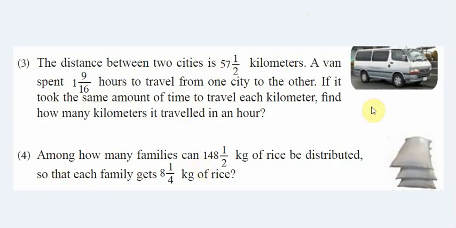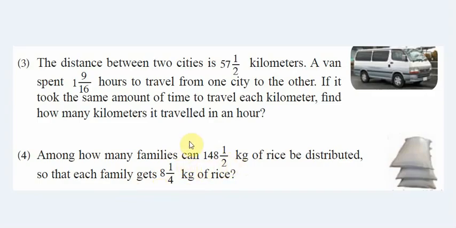So again, this question is straightforward, right? This is the weight, and it is distributed to provide 8¼ kilogram of rice per family. So then they are asking how many families. So for one family, this much rice is given.